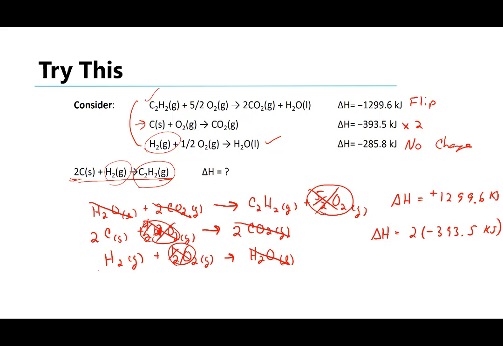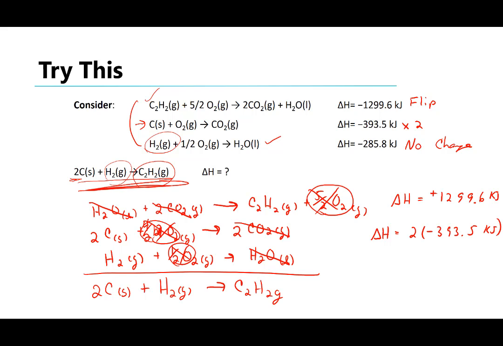And so let's bring everything that I have left over down. That gives me 2 moles of carbon and 1 mole of hydrogen gas, producing 1 mole of C2H2 gas, which looks good to me. I did not change the enthalpy for this last reaction, so that says negative 285.8 kilojoules, no change.